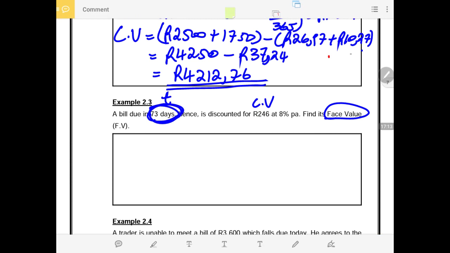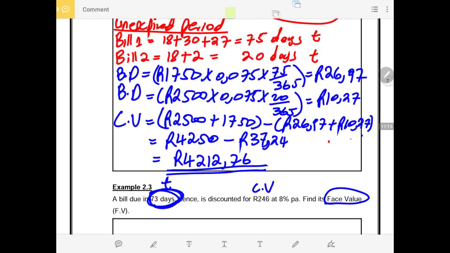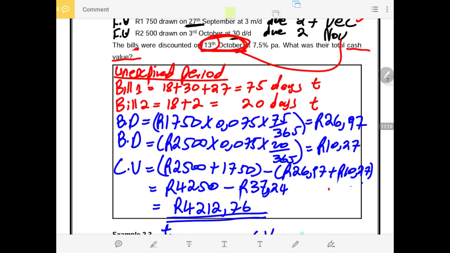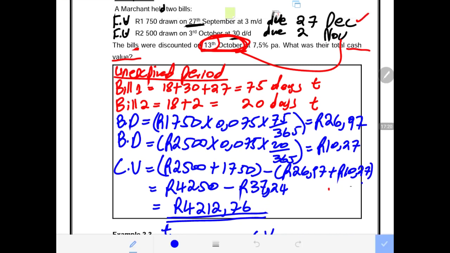I want to explain it now because previously we had two bills. Bill number 1 was due in 75 days on the 13th of October. And bill number 2 was due in 20 days on the 13th of October.